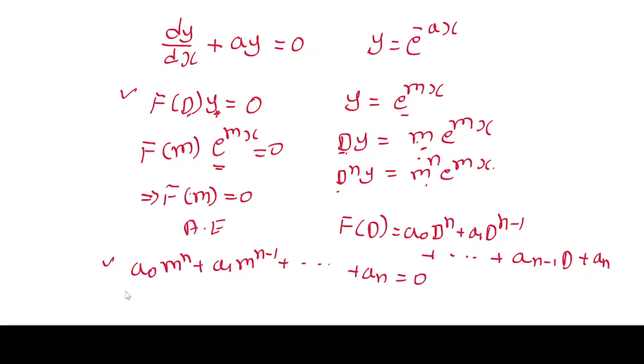This is a polynomial in terms of m. Here the ai's are constants, which we know from the differential equation. n is the order of the differential equation. So only m is unknown, and this equation becomes a polynomial in m. By solving this polynomial, we'll get n roots, that is m1, m2, m3, and so on up to mn.